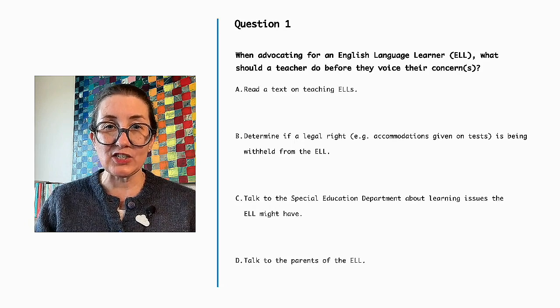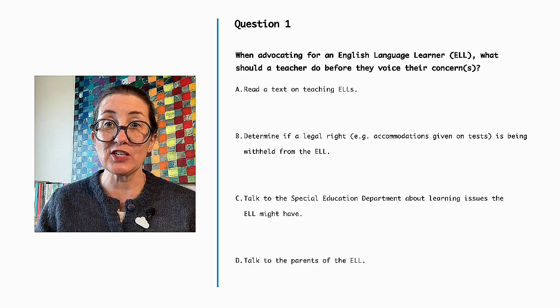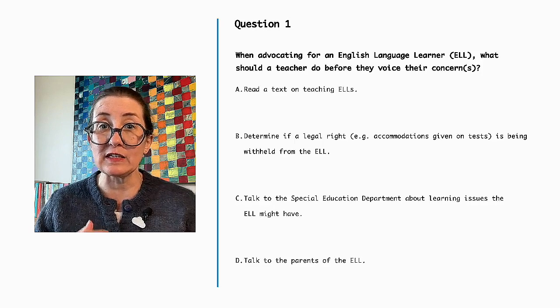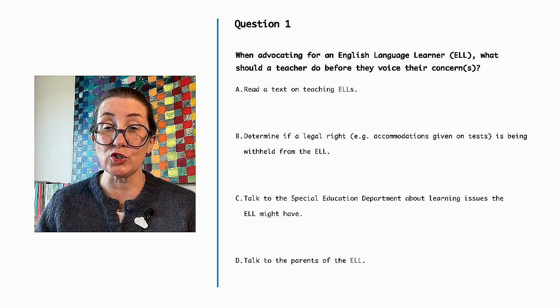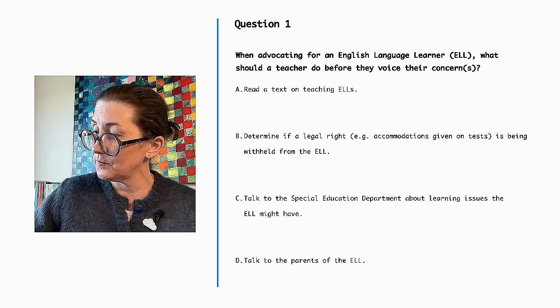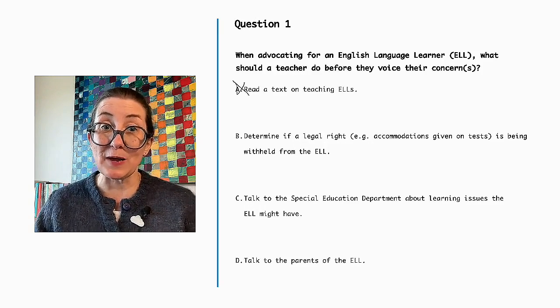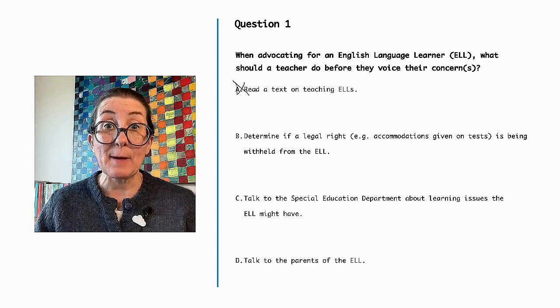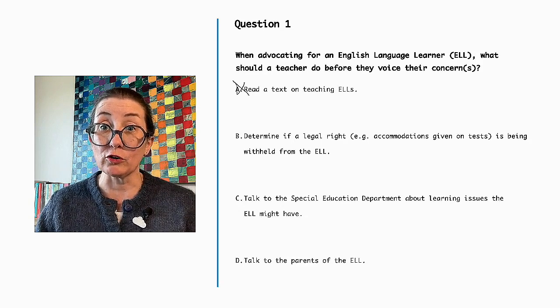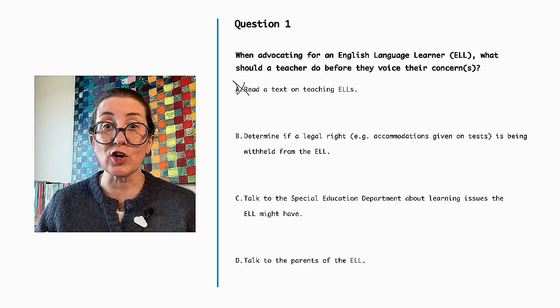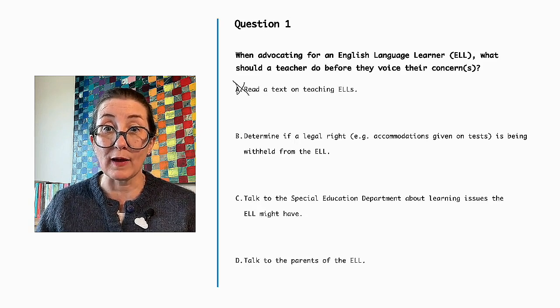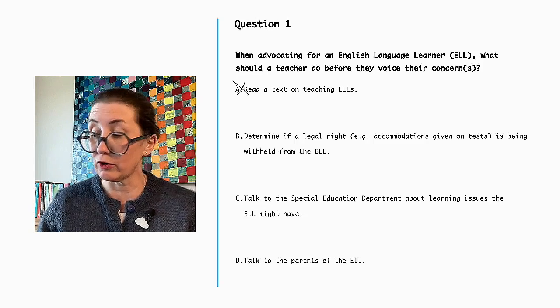Reading about teaching English language learners can provide valuable information, but it does not directly address the specific needs or rights of the student in question. Talking to the special education department might be relevant if there are learning issues, but this step should be taken after understanding the legal rights of the English language learner.